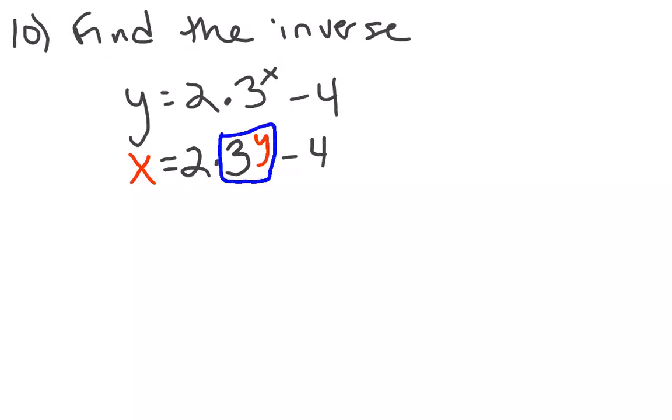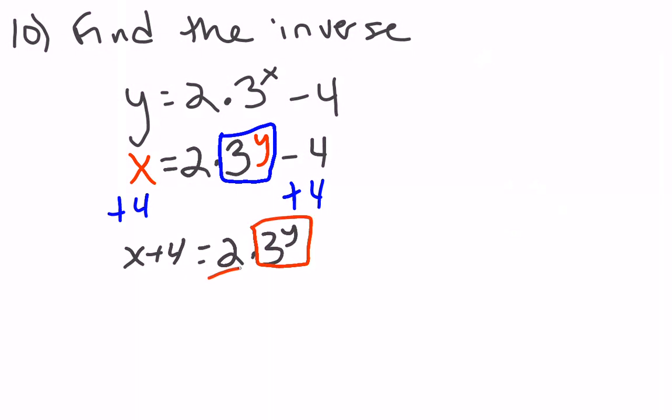So the two steps to get the base by itself in this problem is we're going to add 4. Well, x plus 4 is not like terms, so x plus 4 equals 2 times 3 to the y. Now I need to divide by 2 on both sides. X plus 4 over 2 equals 3 to the y.